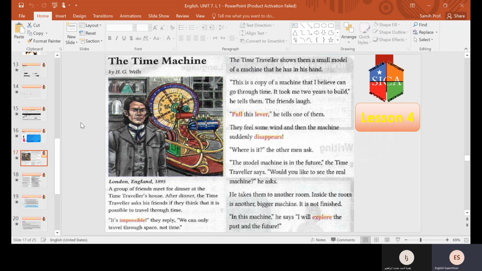For example, we are in 2022, right? So sometimes they said we can travel to, for example, 1920. It's 100 or 200 years ago. Actually, it is a fictional one. I mean, we cannot go back in time.